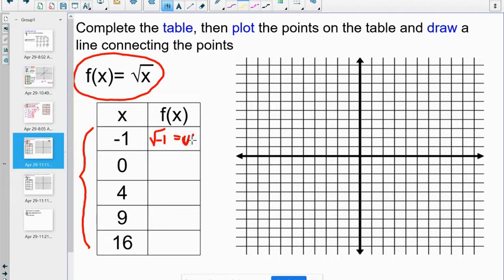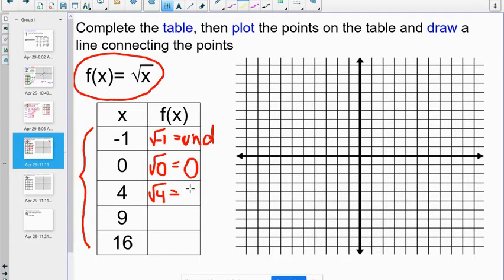I'm just going to do UND for undefined. So that does not exist. But if you plug in 0 for x, you can take the square root of 0, and that's just 0. Now we'll do the square root of 4, because remember, I'm taking that function up here, and I'm plugging in 4, because that's what the x is asking us to plug in.